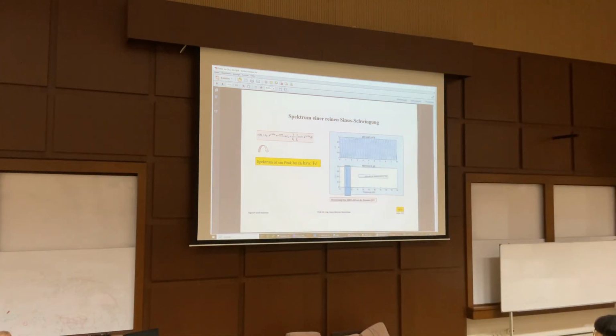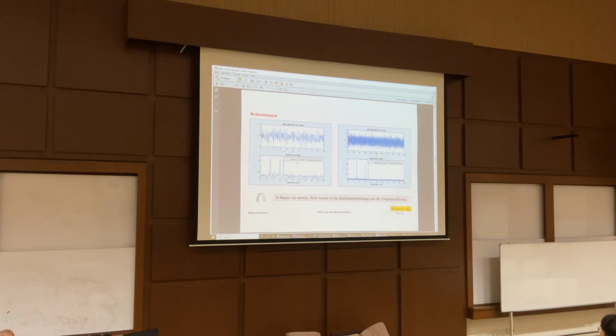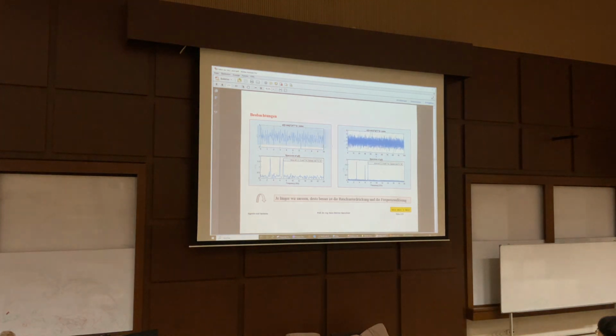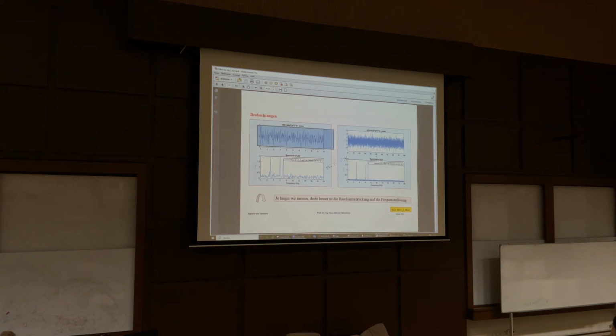And if you have a single frequency, of course you get a single peak. If you have several frequencies, and they are even corrupted by noise, then you see here even more noise, less noise.